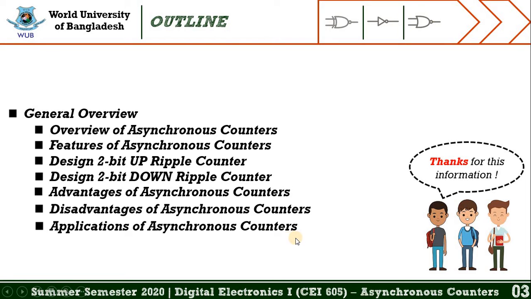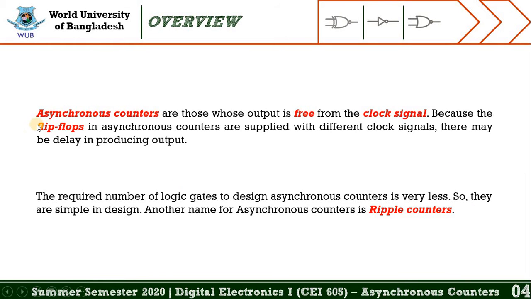So let's start with the general overview of this lecture. Asynchronous counters are those whose output is free from the clock signal. Because the flip-flops in asynchronous counters are supplied with different clock signals, there may be delay in producing output.